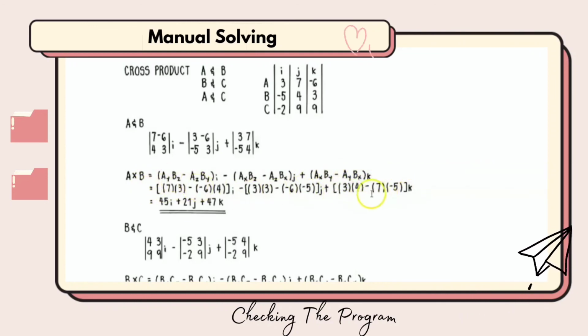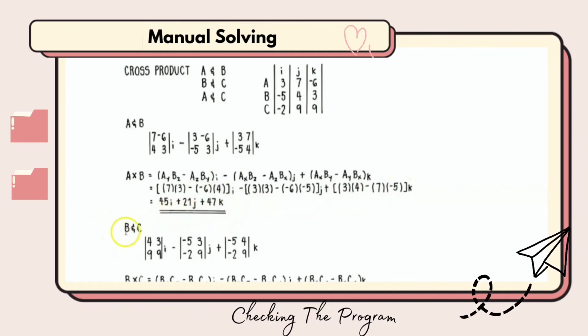Then substitute the givens into the formula and solve, and you get the answer, which is 7 times 3 minus negative 6 times 4 equals 45i, and then minus 3 times 3 minus negative 5 times negative 5 equals 21j, and then 3 times 4 minus 7 times negative 5 equals 47k.